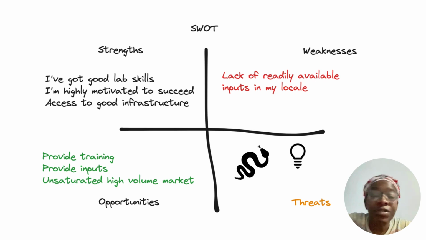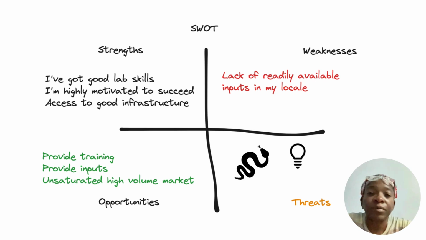And then I also have access to good infrastructure. So when it comes to actually growing the mushrooms, having a room for fruiting, a room for incubation, and a lab space, I have all those, where I need to just convert the place that I'm thinking of, so that we have dedicated space for all those things.